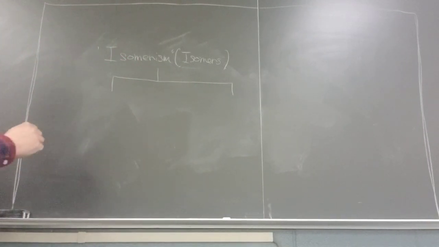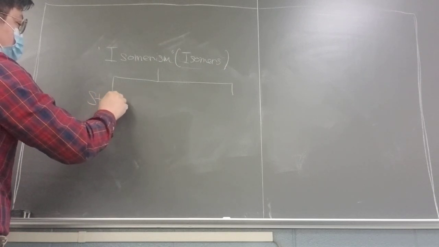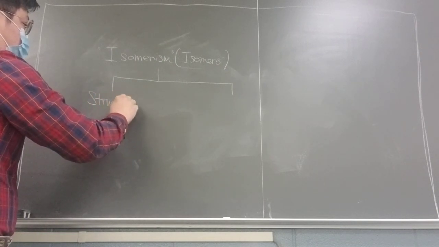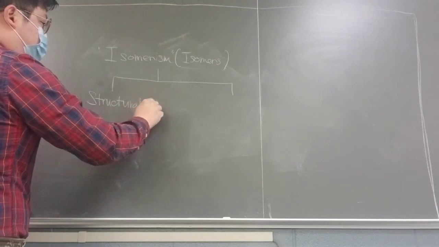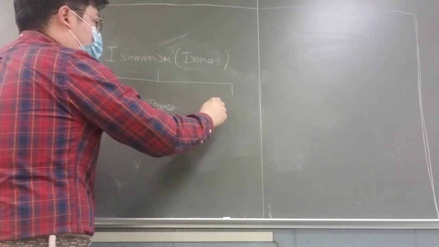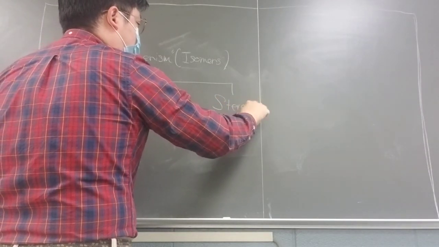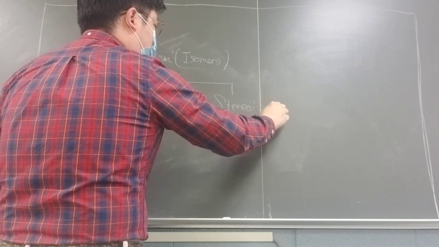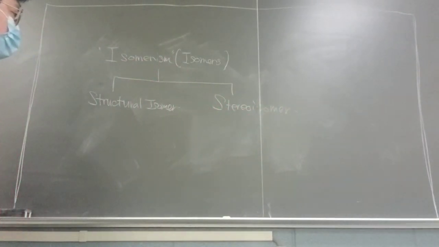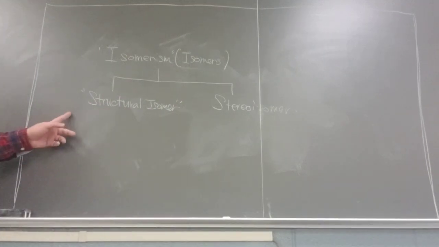The first one is the structural isomer. The other one is what we call stereoisomer. In this case, we're going to focus on the structural one.